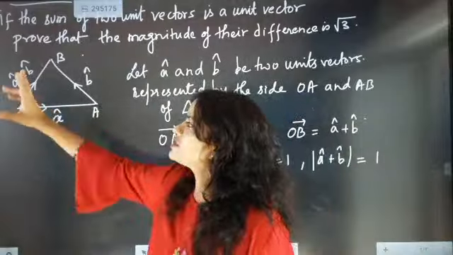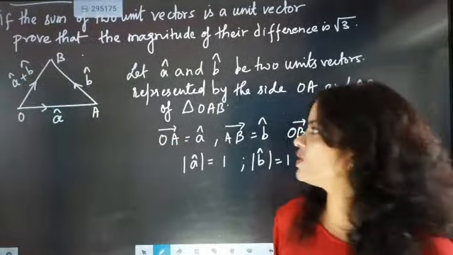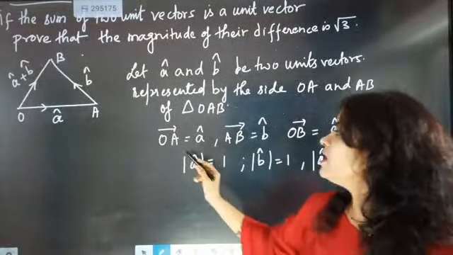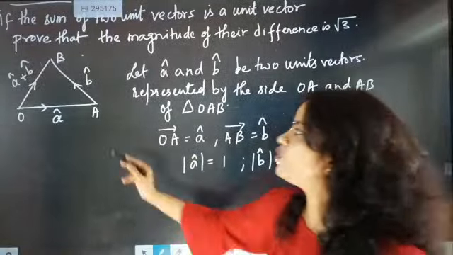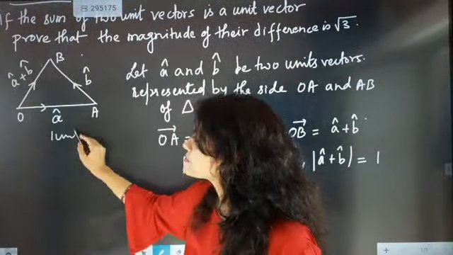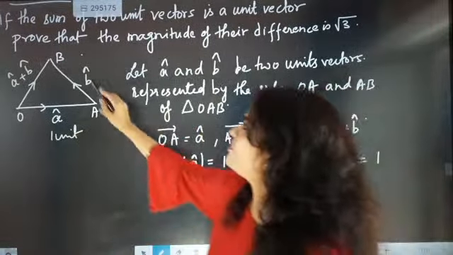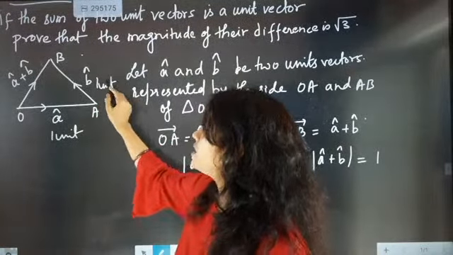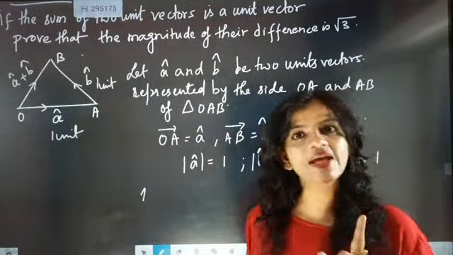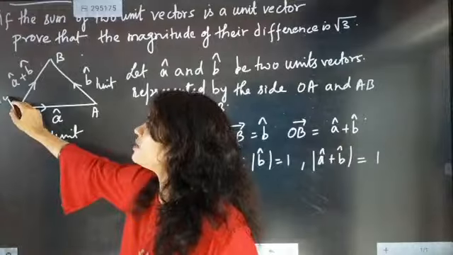So the magnitude of side OA is 1 unit, side AB is 1 unit, and OB is also 1 unit.